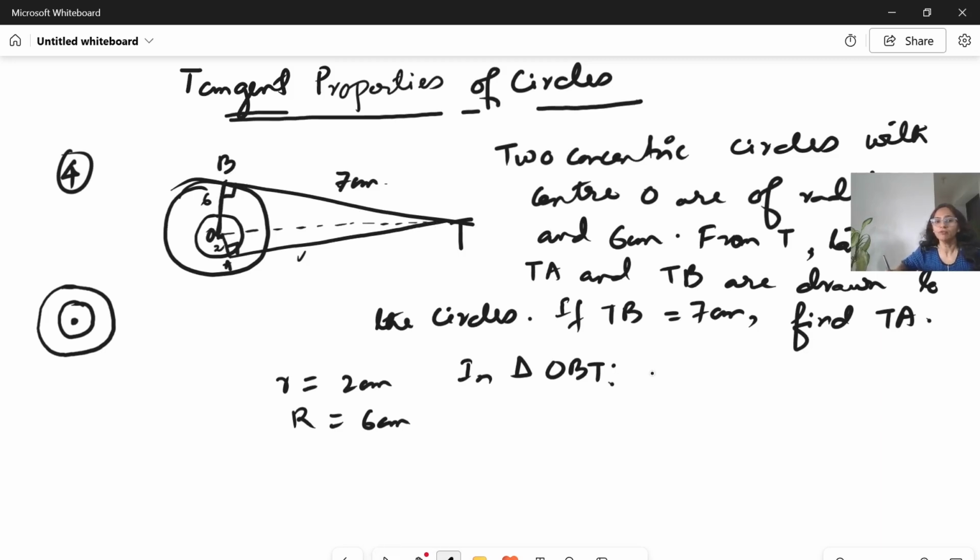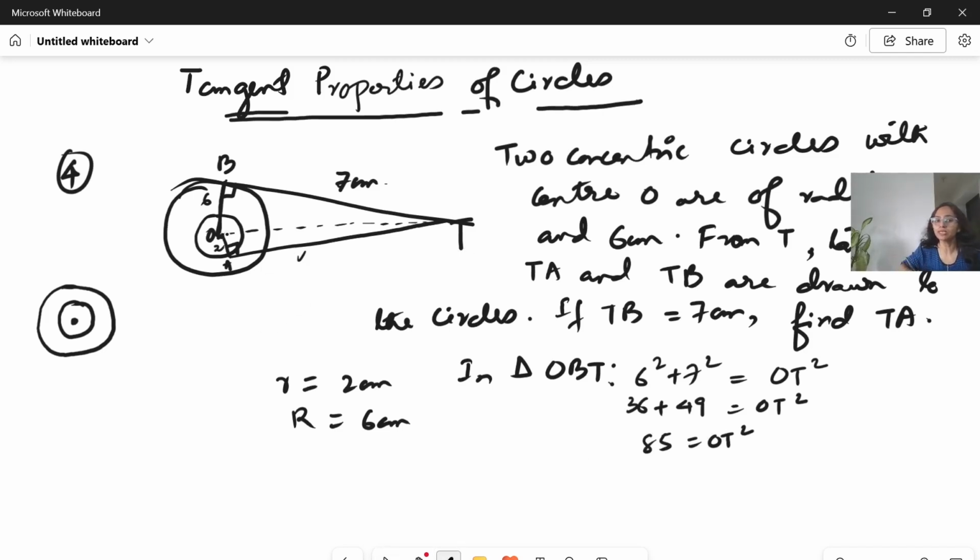What we can write? We can write that 6 square plus 7 square is equal to OT square from Pythagoras theorem. 6 into 6, 36. 7 into 7, 49 equals OT square, which means 85 equals OT square. So we are getting OT square as 85.